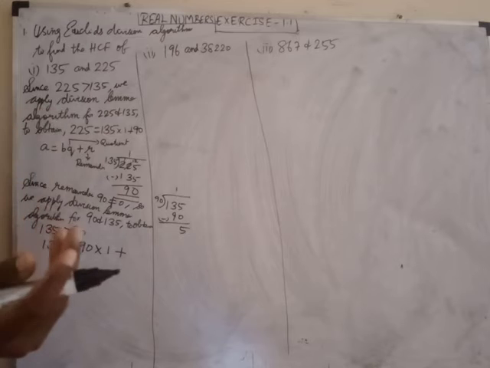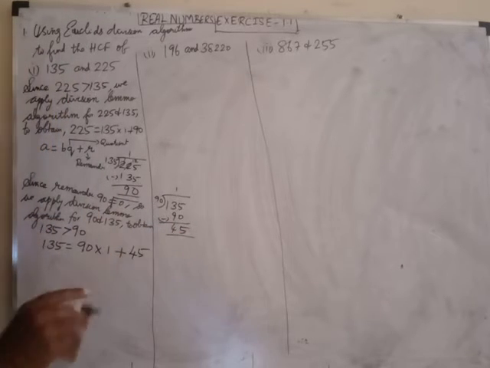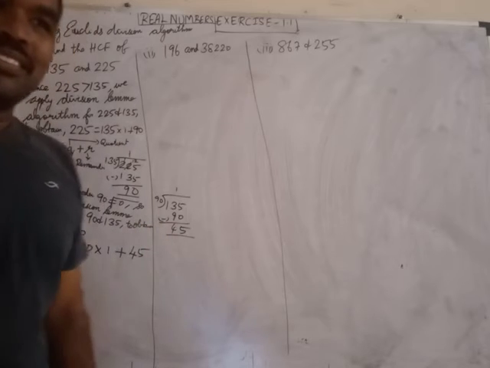Tell me. 4. So the remainder is 45. Have you understood this?